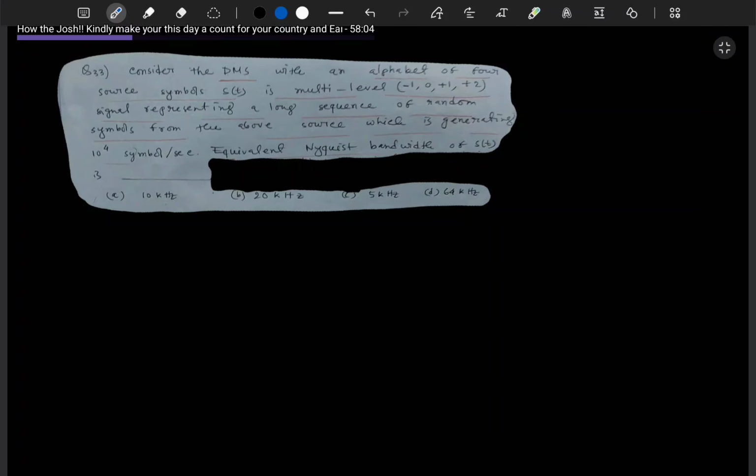Equivalent Nyquist bandwidth of ST is what it will be? So for baseband signal, the Nyquist bandwidth will be Rs by 2. So 10 to the power 4 by 2 means 5 kilohertz.